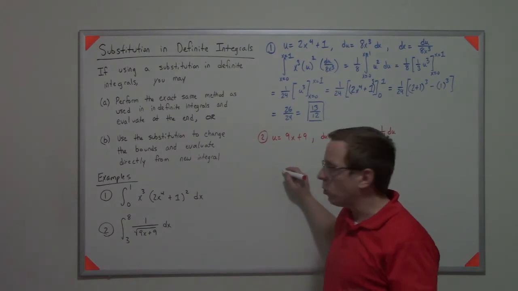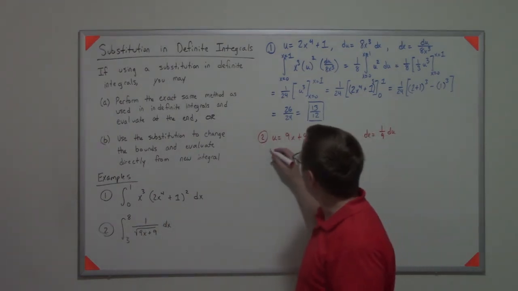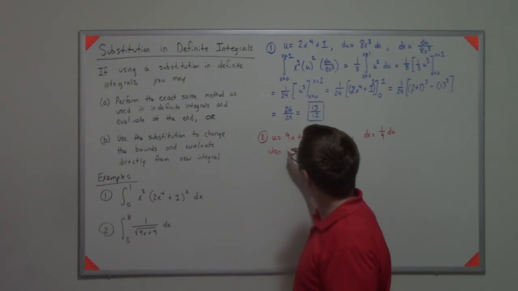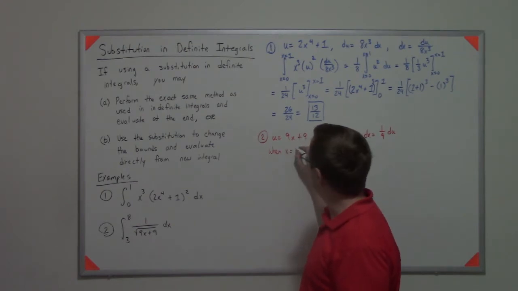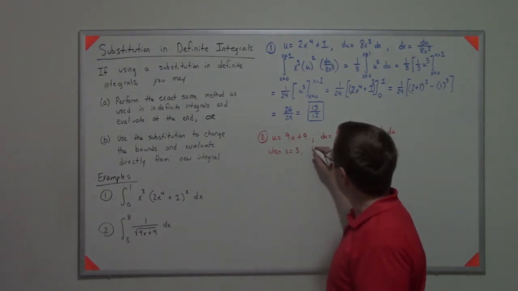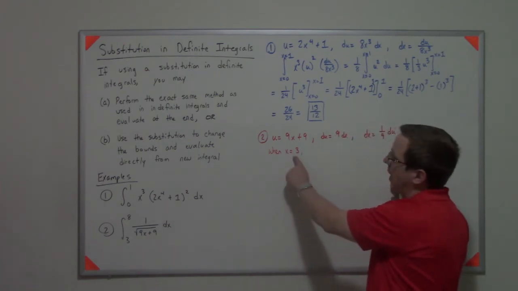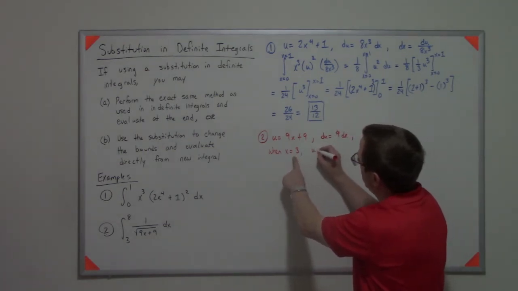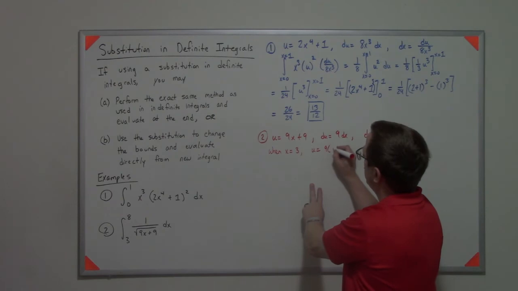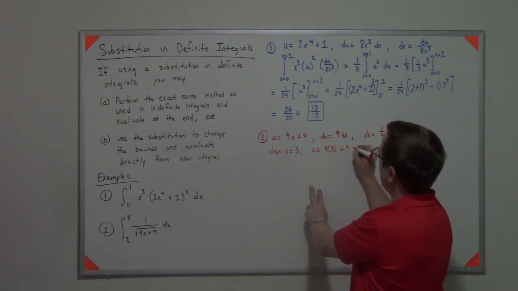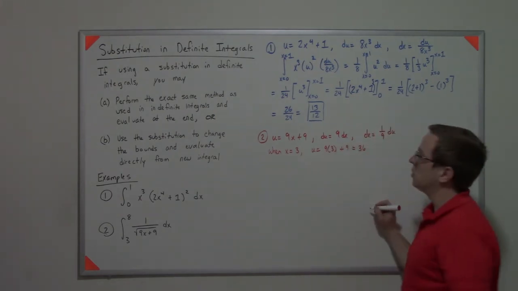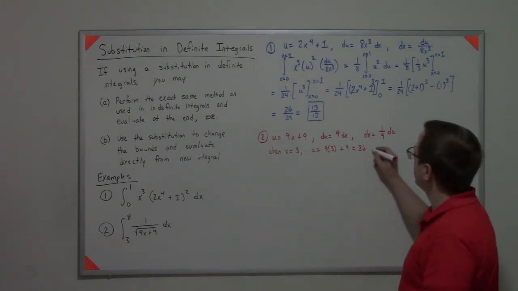We have to be more careful because we have these bounds. So when x is 3, u is 9 times 3 plus 9, which tells me that it's 36.